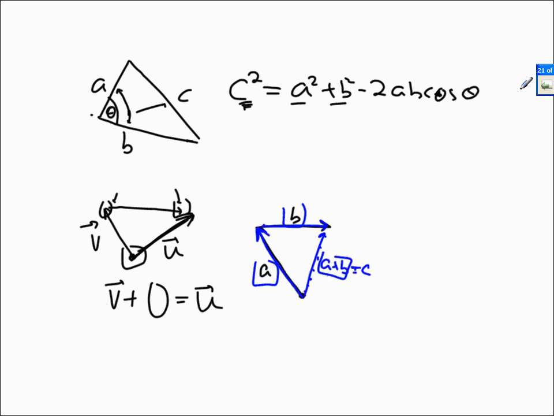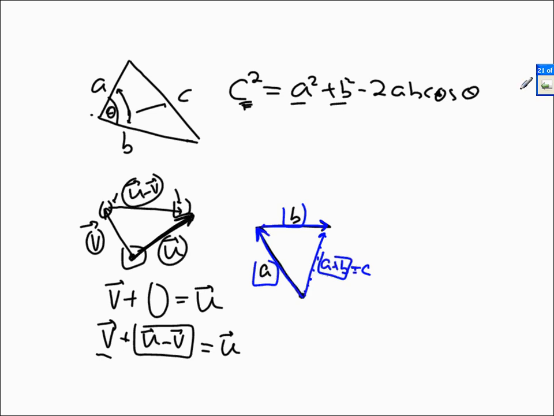Well, what do you add to v to get u? Well, you have v and you want to get u. Well, first thing is, I don't want v, so I'll take v away. So far, the sum is 0. v plus negative v is 0. I want u, I'll add u. This vector is u minus v. Vector v plus u minus v gives you vector u. Okay. Let me draw this a little bit bigger.